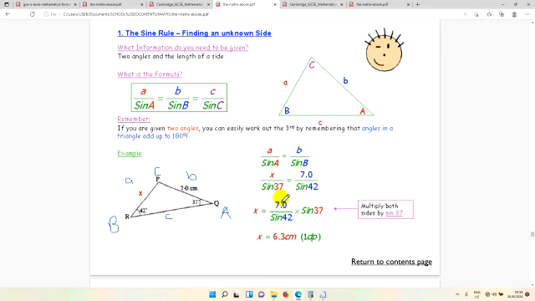If I round it to 2 decimal places, it's going to be 6.30. But make sure that for lengths it is 3 significant figures, so I expect you to write 6.30 centimeters.